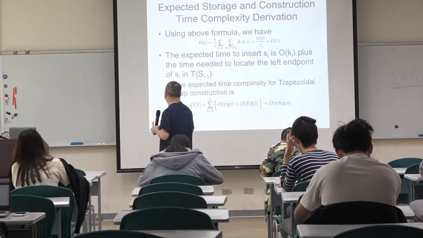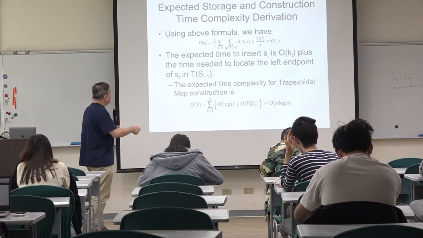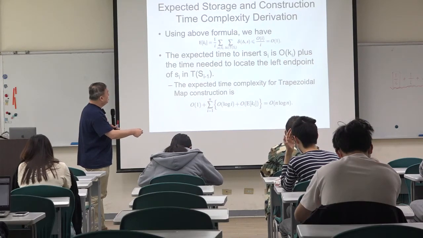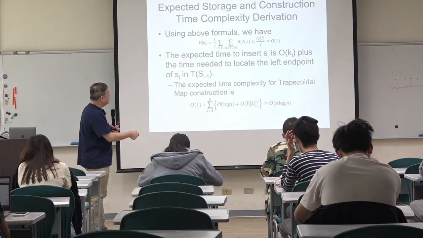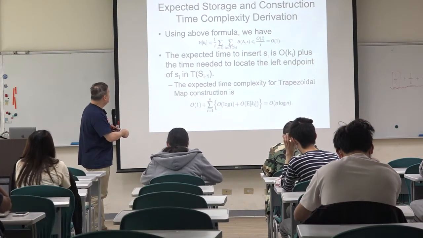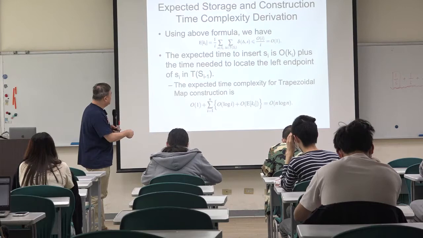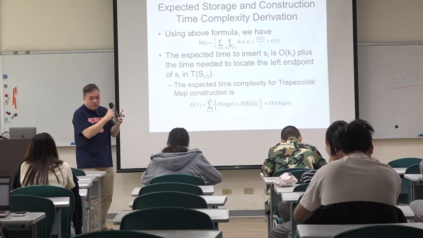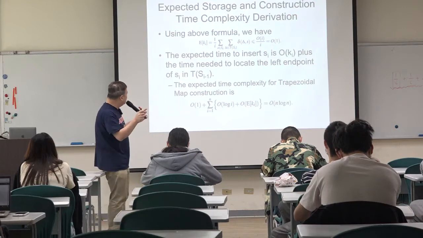Because of that, the expected time to insert Si is big O of kappa I plus the time needed to locate the left endpoint of Si in T(S_{i-1}), because we need to find the location of the left endpoint in order to do the insertion.